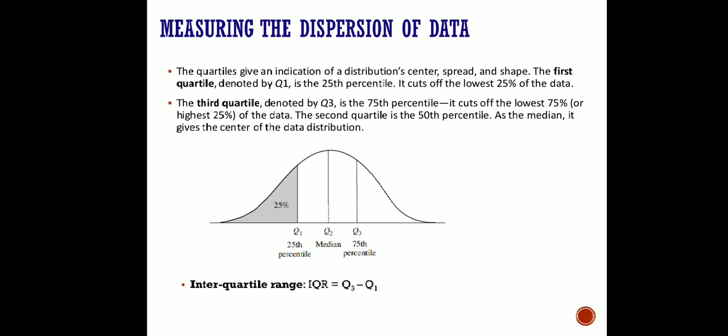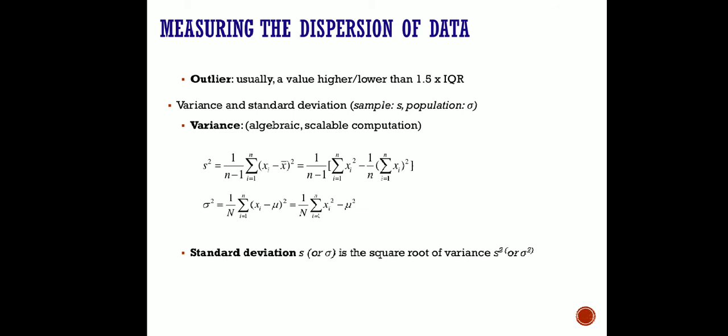Fine. Now what I was talking about: usually a value higher or lower than 1.5 times the IQR. You can easily see that it will obviously lie beyond this IQR, right? Whatever data points lie outside of this region, just to approximate that, we are multiplying it with 1.5. It is a standard value, you can say.